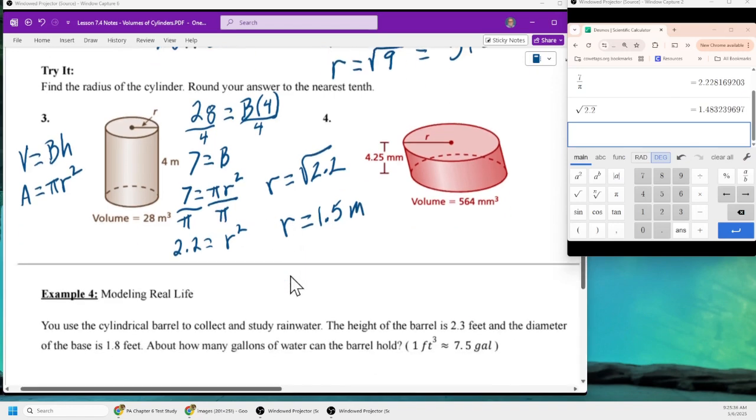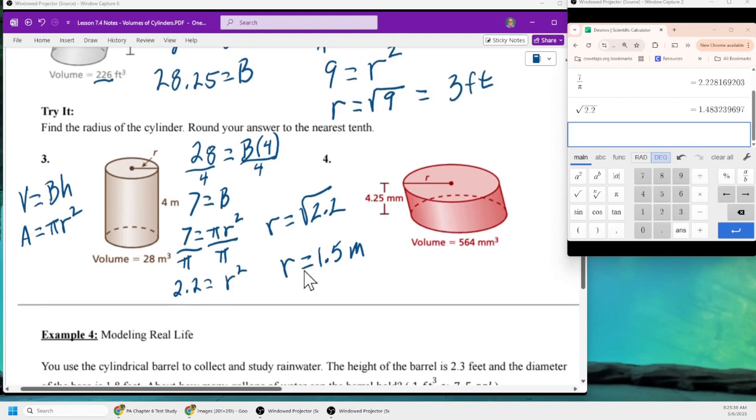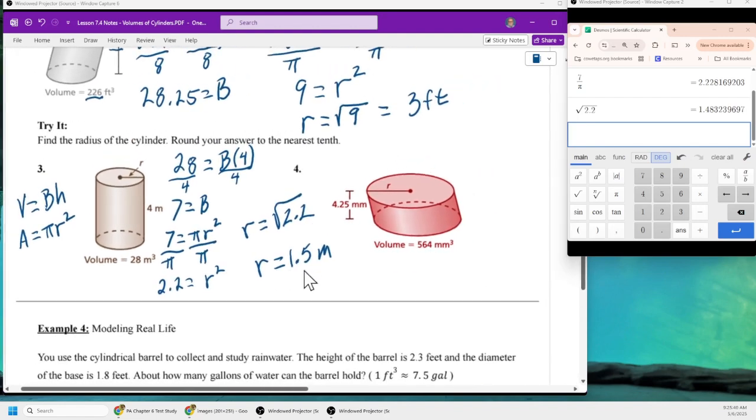Okay, so now we are going to look at number 4. Same kind of procedure. The volume, which is 564, is equal to the area of the base times the height, which is 4.25.